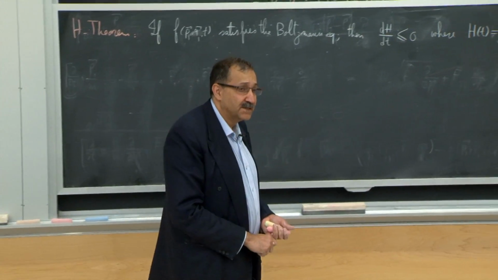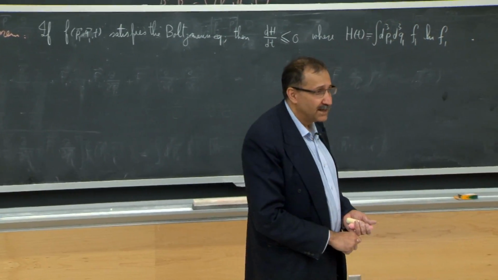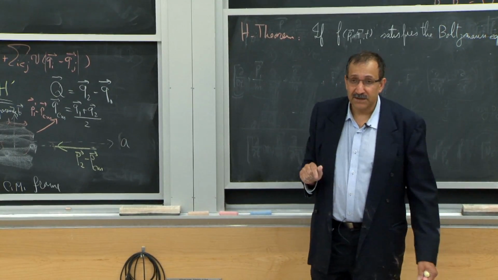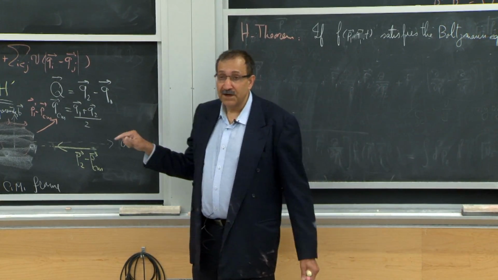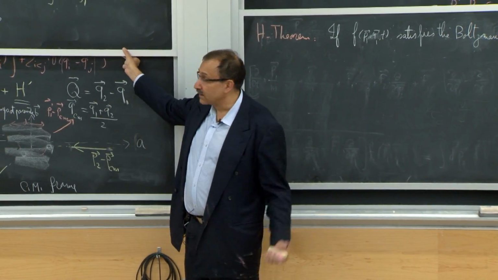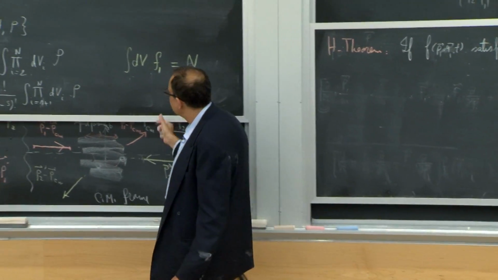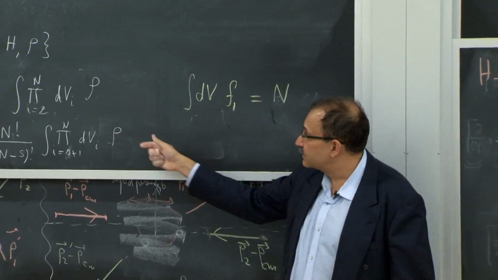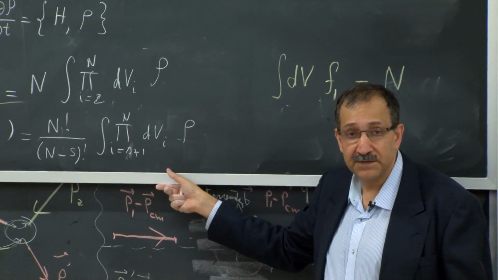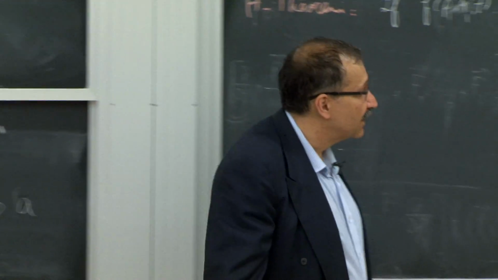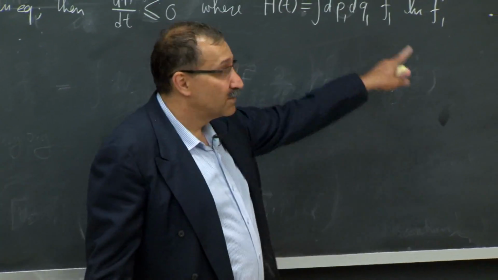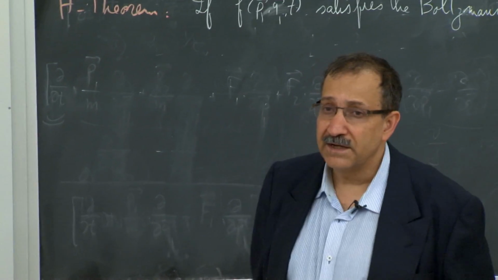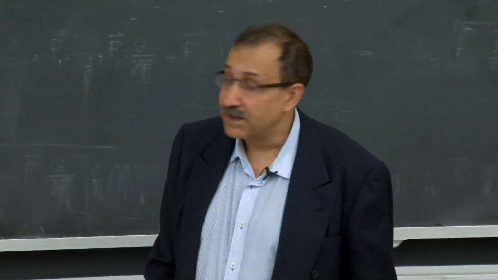Because when we were dealing with probabilities, we introduced the entropy of a probability distribution, which was related to something like minus the sum over i of p_i log p_i. And up to this normalization n, this f1 really is a one particle probability, the probability that you have occupation of one particle phase space.